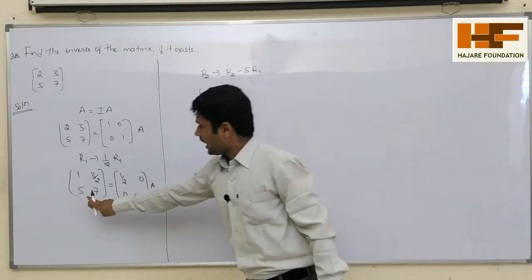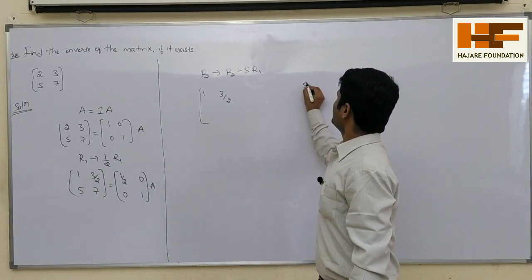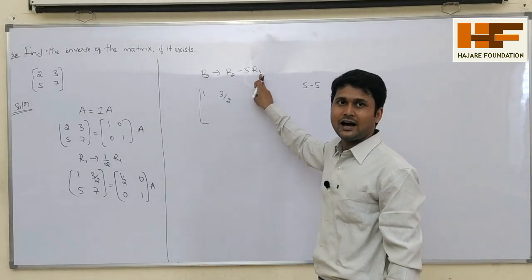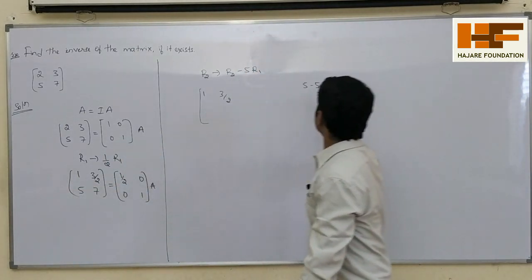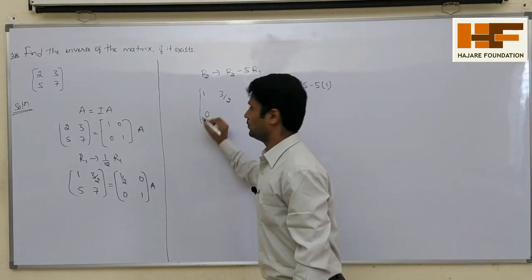Next, R2 changes. What is the R2 element here? 5. 5 minus 5 into the corresponding R1 element. What is the corresponding R1 element here? 1 into 1. Simplify the term, the answer is 0.